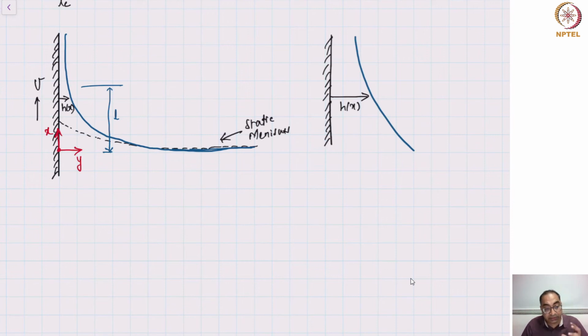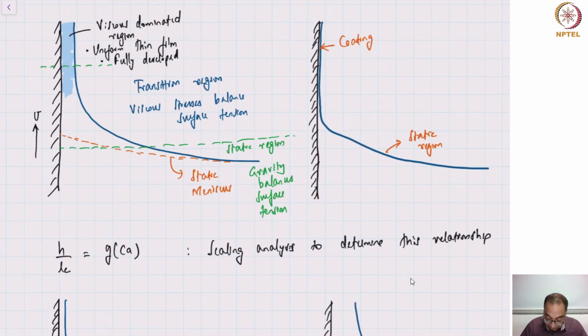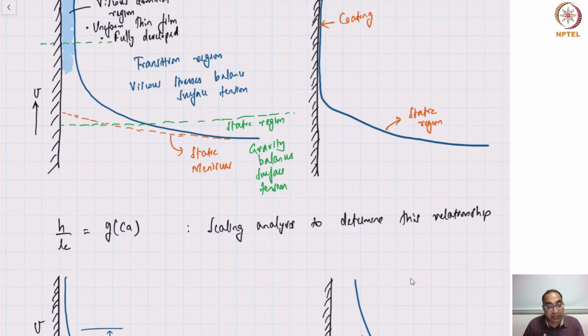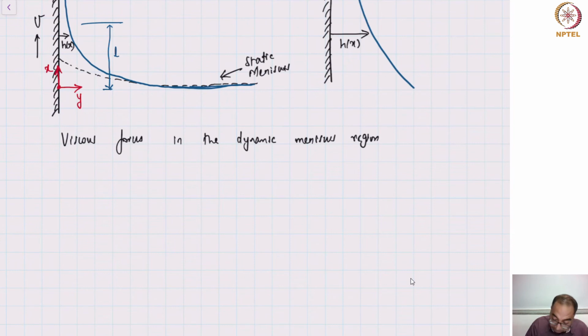Now, if you recall, the dynamic meniscus nicely fits into this transition region, because the transition region is where viscous stresses start to become important. So in the dynamic region, you can approximately say the viscous force would be viscosity mu times u by h squared.